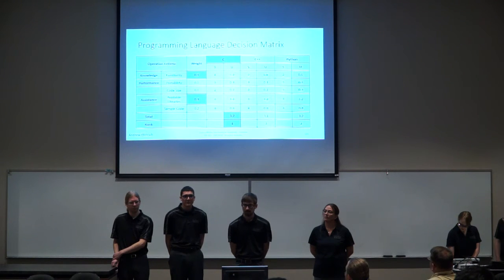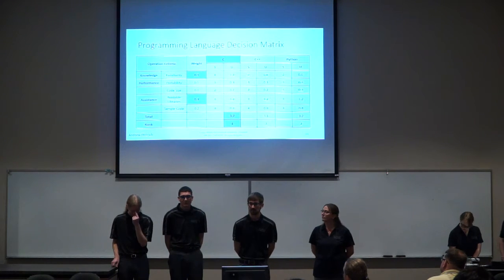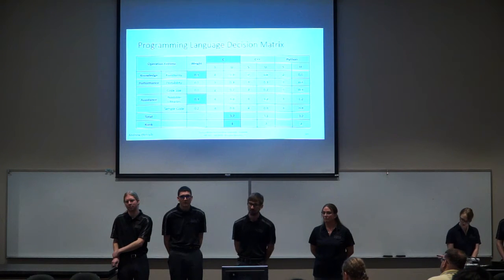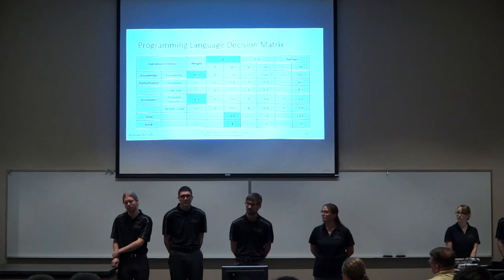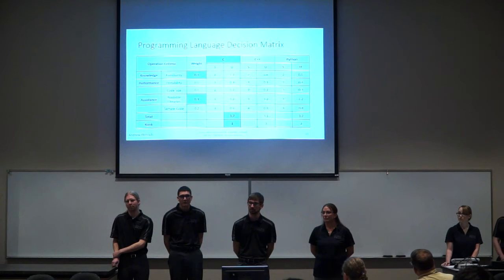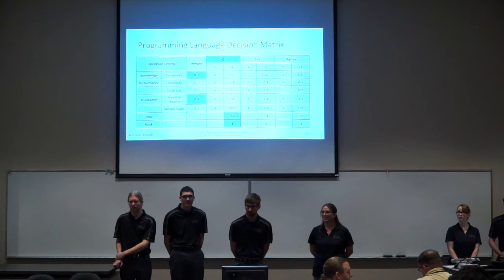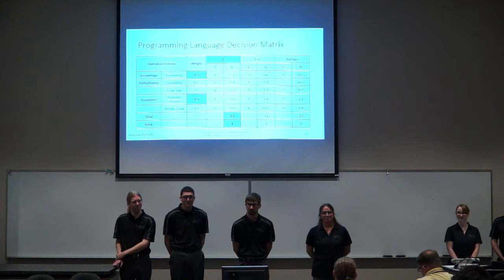Well, one of the reasons why we decided to go with C++, despite our decision matrix saying otherwise, is as we are at a school, we are interested in making it more of a learning experience rather than an easy experience. And that is one of the biggest criteria that went into choosing C++, as the robotics students will be using it in the future, and they might as well learn it when they're at school. Okay. Does that answer your question? Yeah, that's great. Thank you. It was a great presentation. Thank you, sir. Thank you.